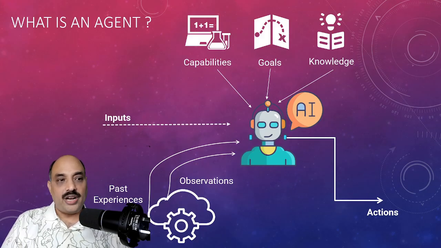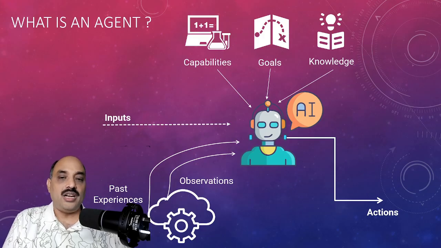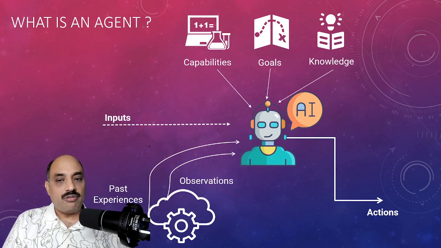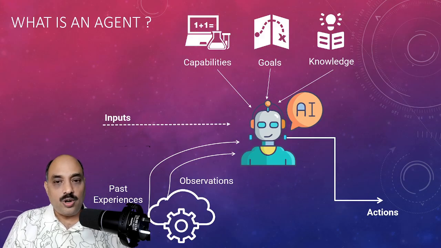It should be able to find out what exactly it needs to do with those inputs. Either it will process them, or it will learn a new methodology to process them, or it will say, okay, I parsed this kind of input, I saw this kind of thing, sorry, it is not my job, or I don't have the skill to do this particular job. It should be able to tell that. So that is what an agent is.